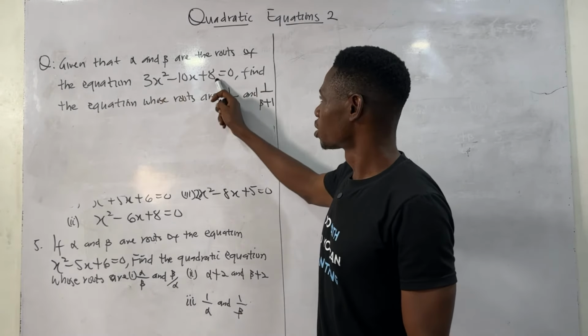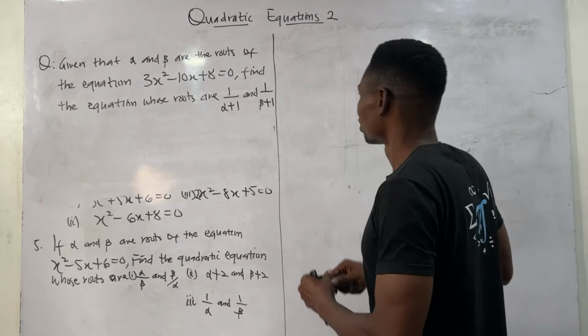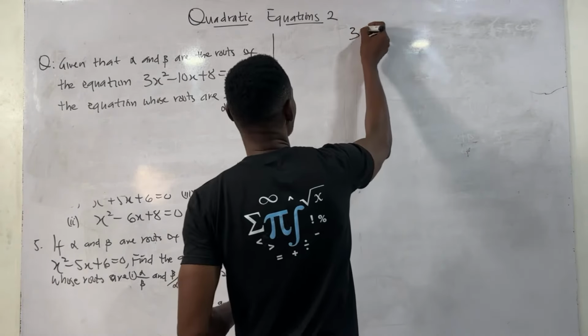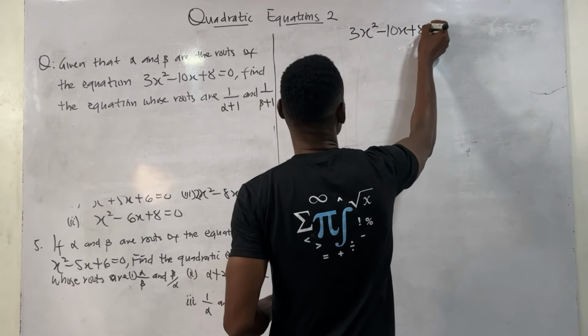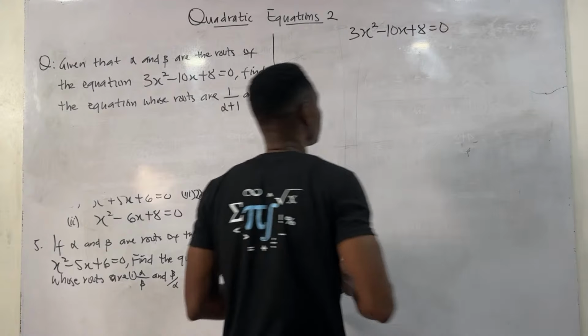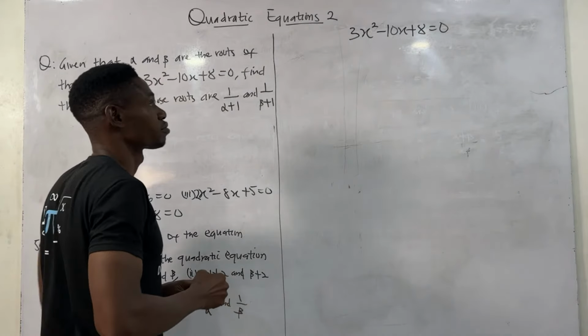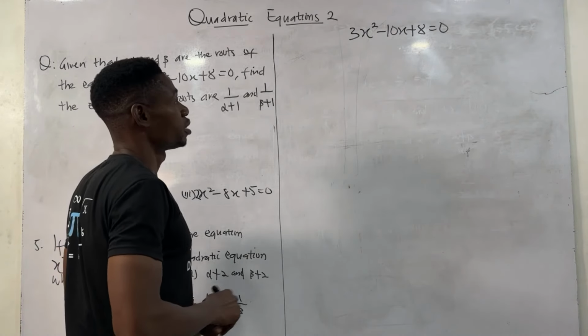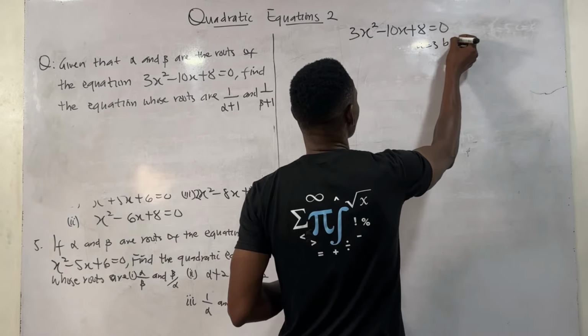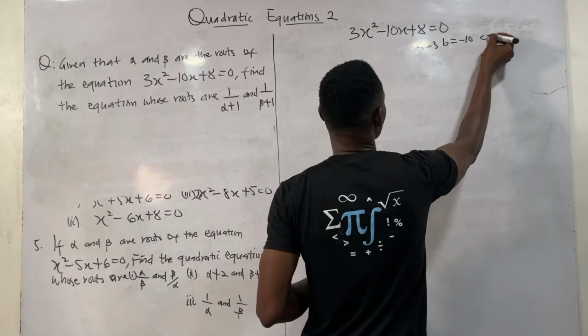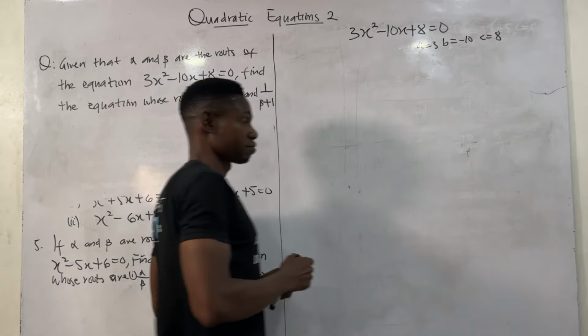Because this one, the roots are alpha and beta. So let's go. So we have 3x squared minus 10x plus 8 equal to 0. Let's begin. First, our A is 3, B is -10, and C is 8.